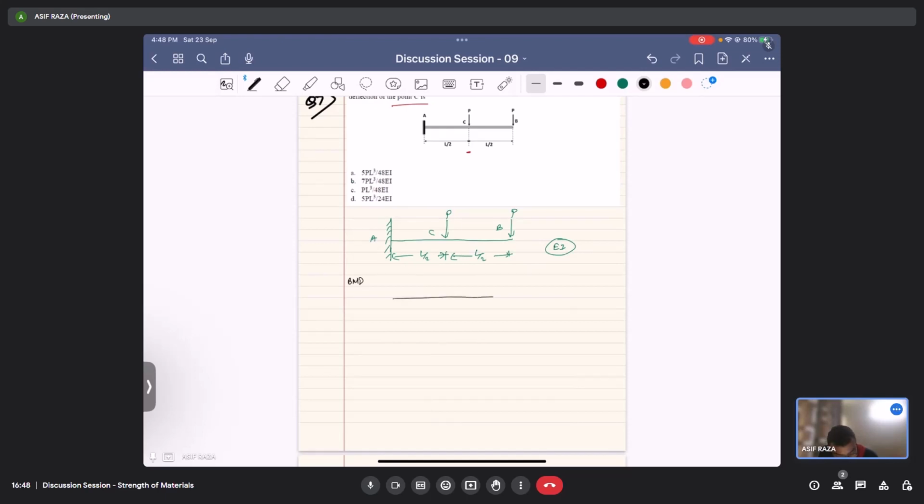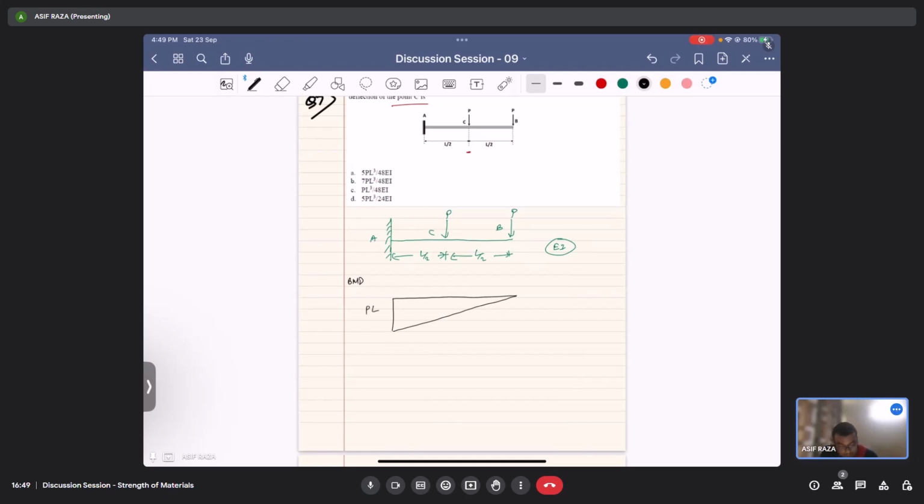If I take the case of only the load applied at the free end, that is at B, that will give me a bending moment diagram like this, and this would be equal to PL.